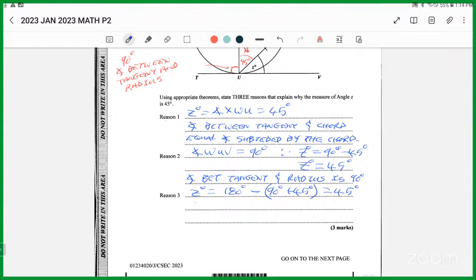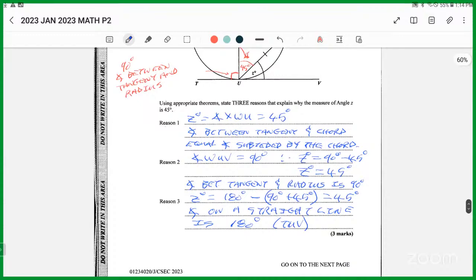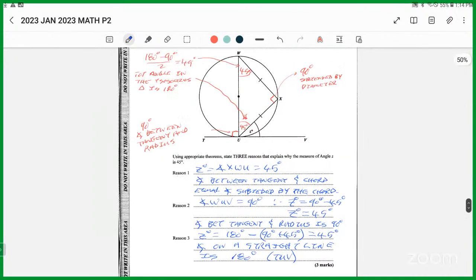Angles on a straight line, TUV. That's it: the tangent and chord rule, the tangent and radius rule, and the straight line.